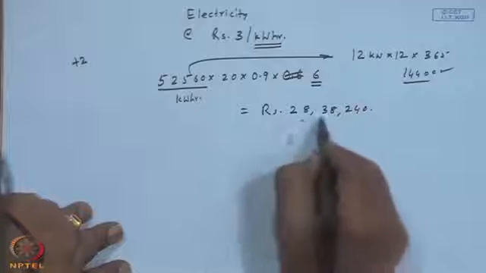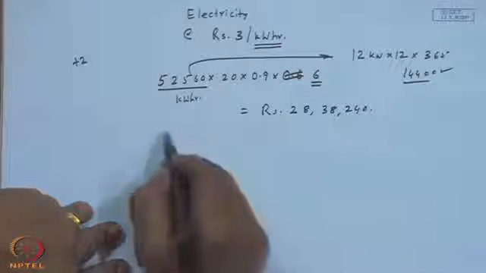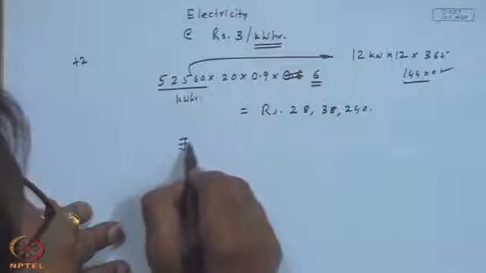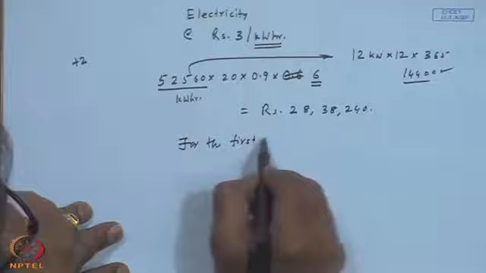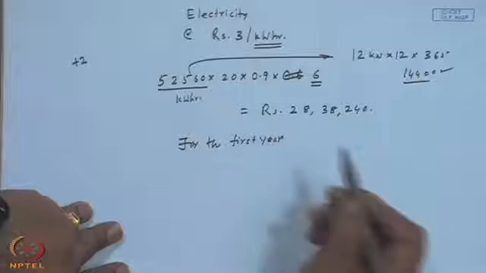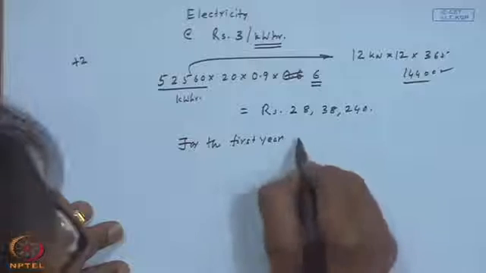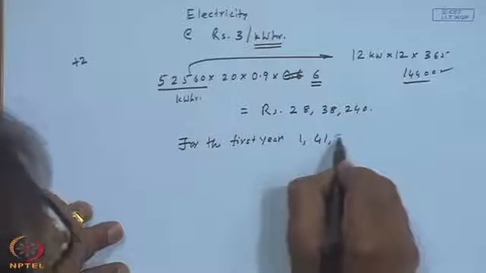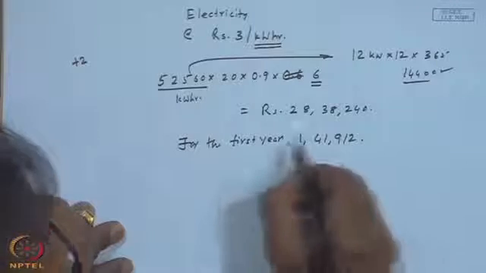So, this comes to a saving of 28 lakhs, and for the first year saving, (20 into 0.9 into 6 rupees), I think, okay, 1,41,912.